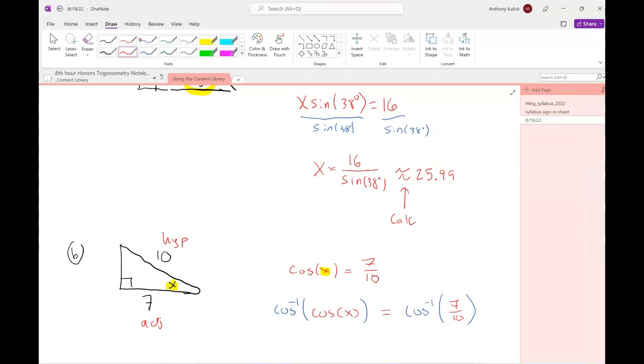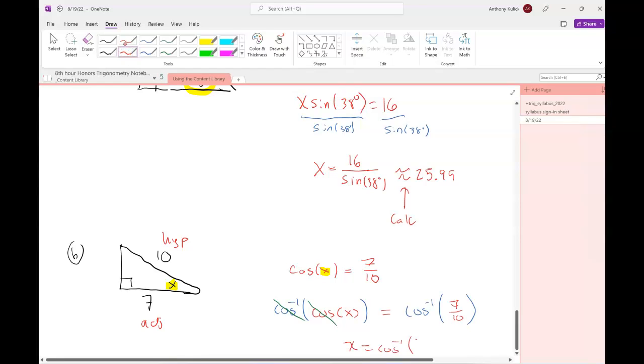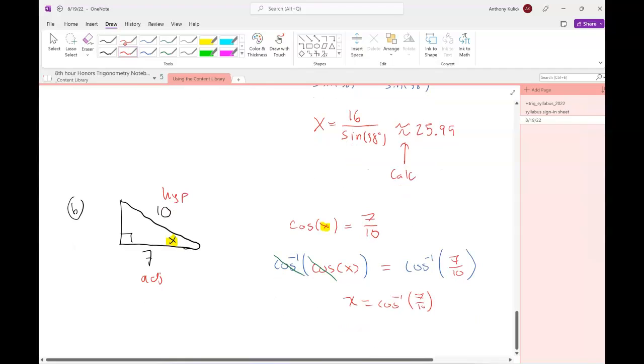That's normal to be expected. But notice that this is a function composition thing, not a multiplication thing. Okay, so we do this. Cosine inverse cancels cosine out. So we say x is equal to cosine inverse of 7/10.